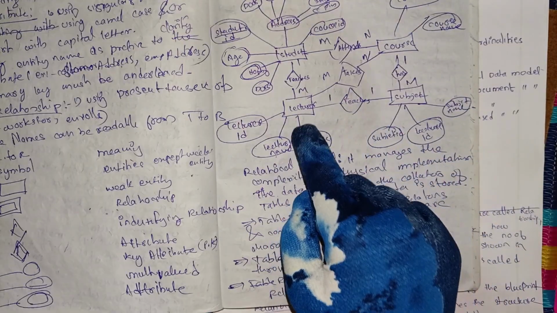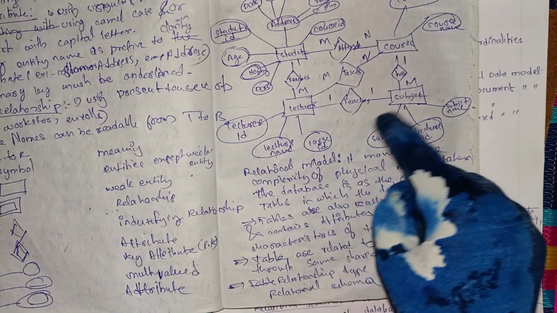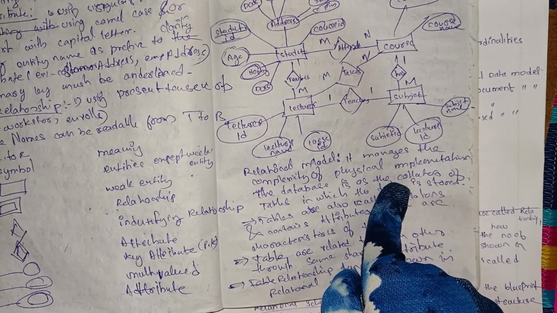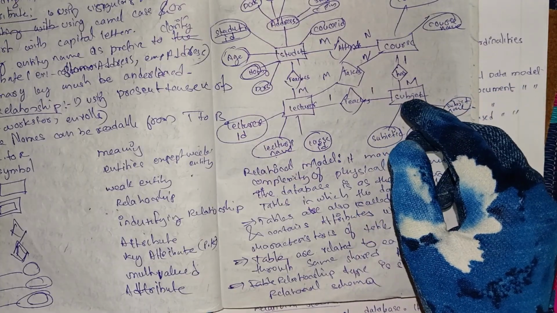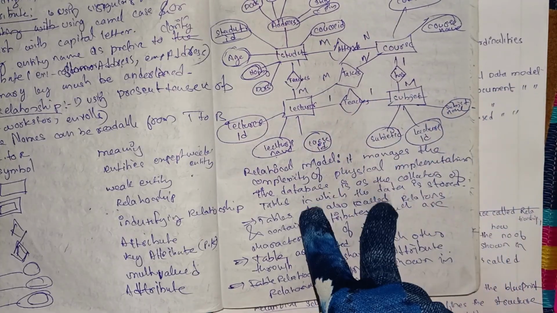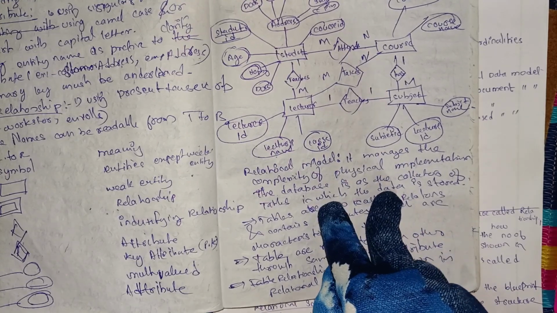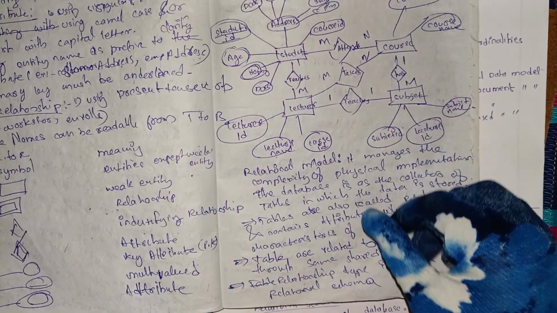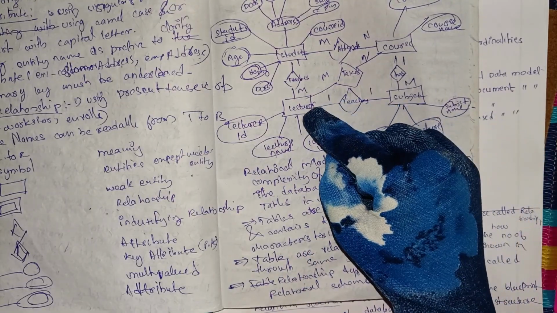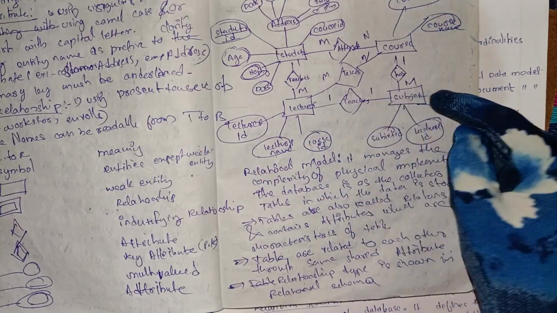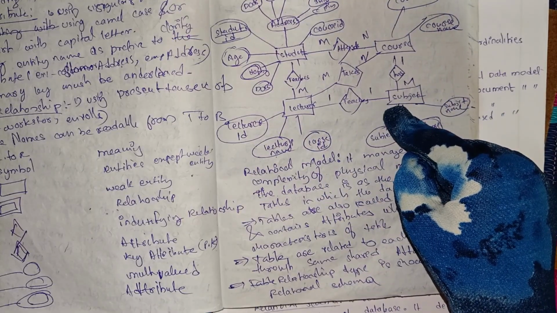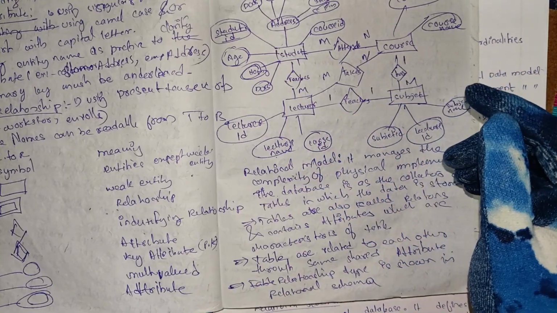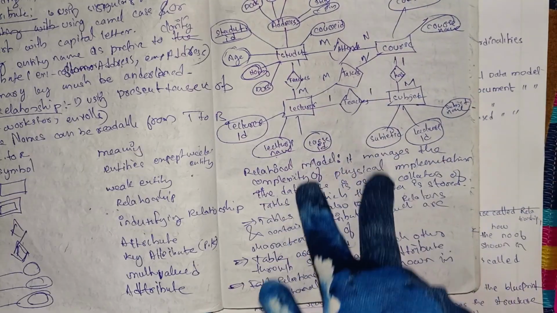Here the student ID column values and the course ID column values are the same. These two column values in both tables, the student table and the course table, are the same. So we make the student ID in the first table a primary key, and in the second table the course ID we make a foreign key. So the tables are related to each other through the same shared attribute.